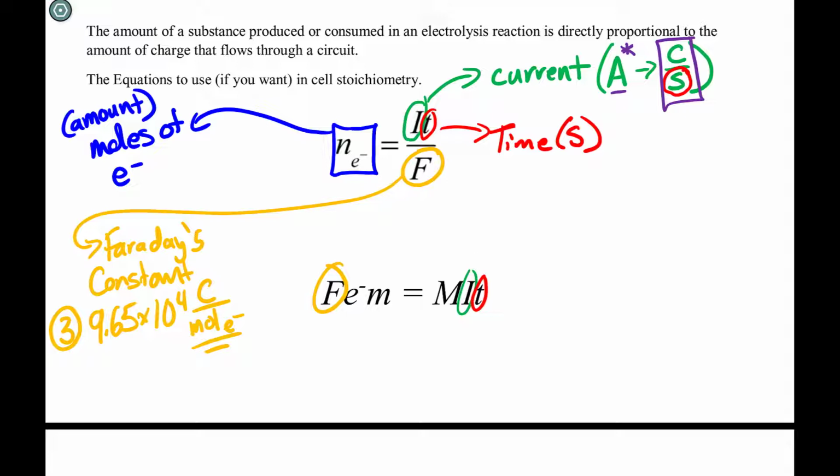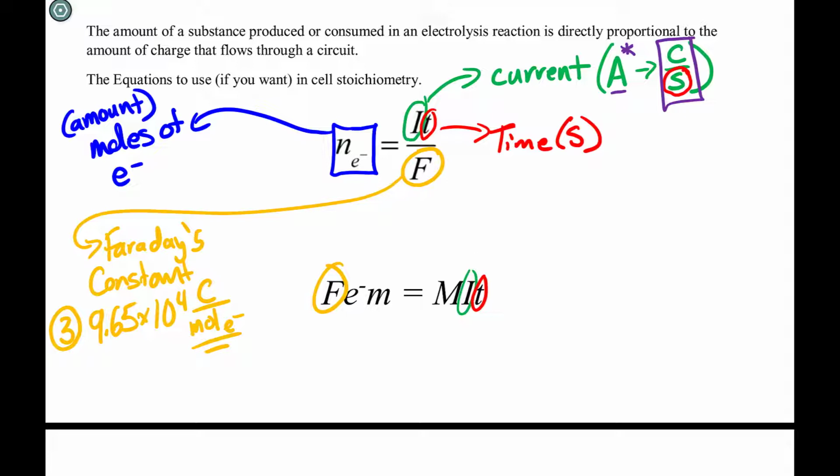So that's the end of the first equation. I've told you what everything is in this equation. I generally only use the first equation when a question is asking for the amount of moles of electrons transferred. If a question distinctly asks me for that, then I know I'm using this equation.